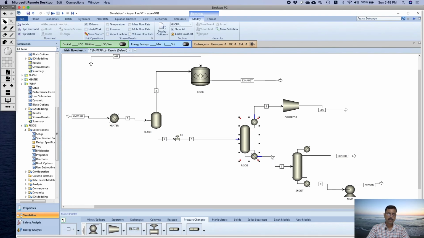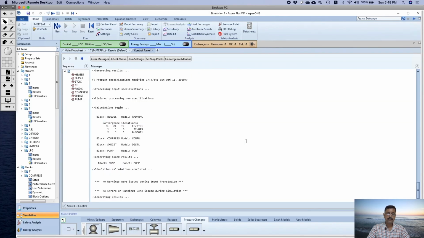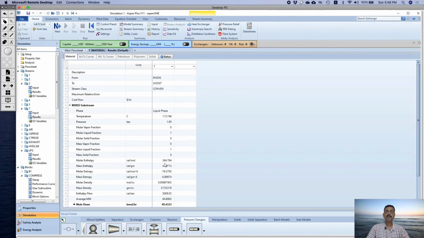Okay, so this one should increase, 358.3 should go higher. Let us see whether it happens, and if it happens, then to what extent. So we run simulation now. Simulation run. Now it becomes 364. Molar enthalpy 364. From 358 to 364. So molar enthalpy increased.